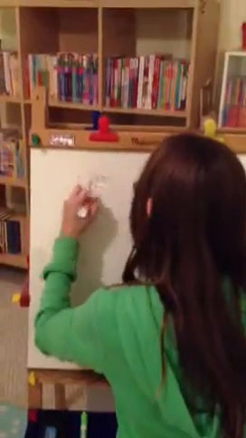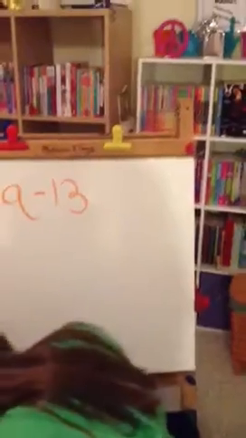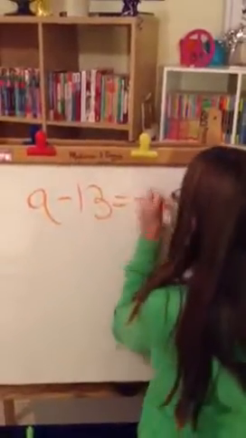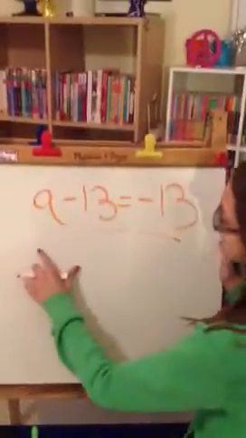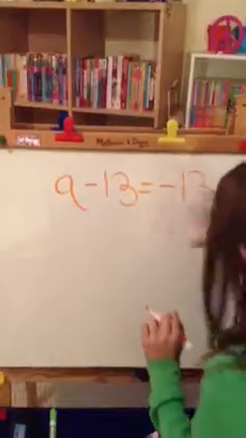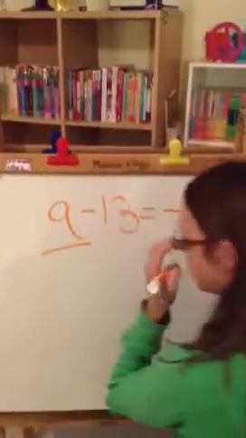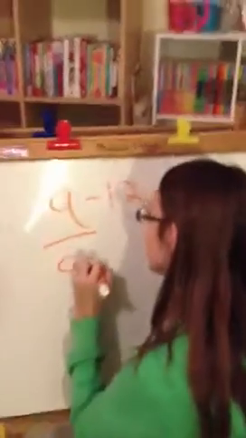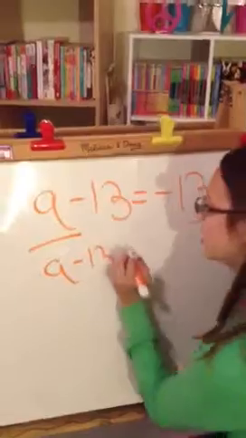All right, Q minus 13 equals negative 13. Looks complicated there, right? I know. All right, so what you want to do, again, is isolate that Q. So Q minus 13, instead of subtracting like we did with the addition, we're going to add it.